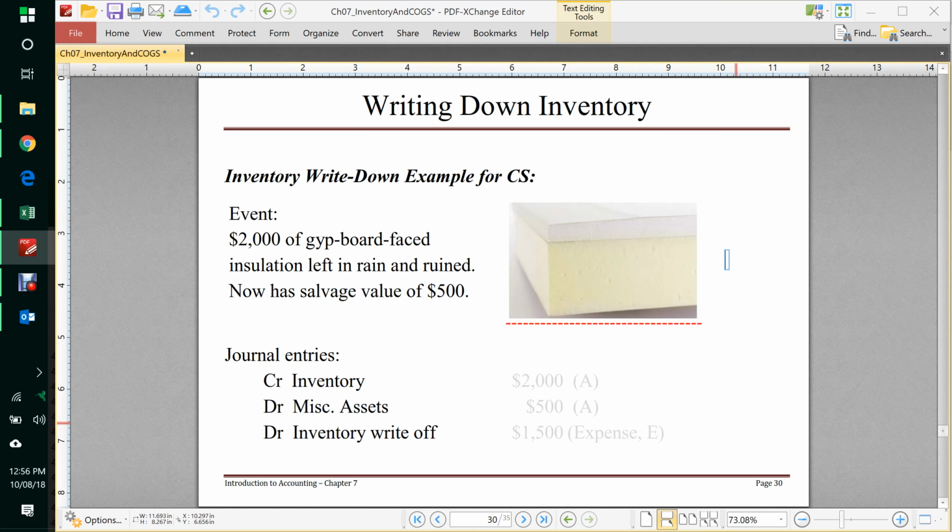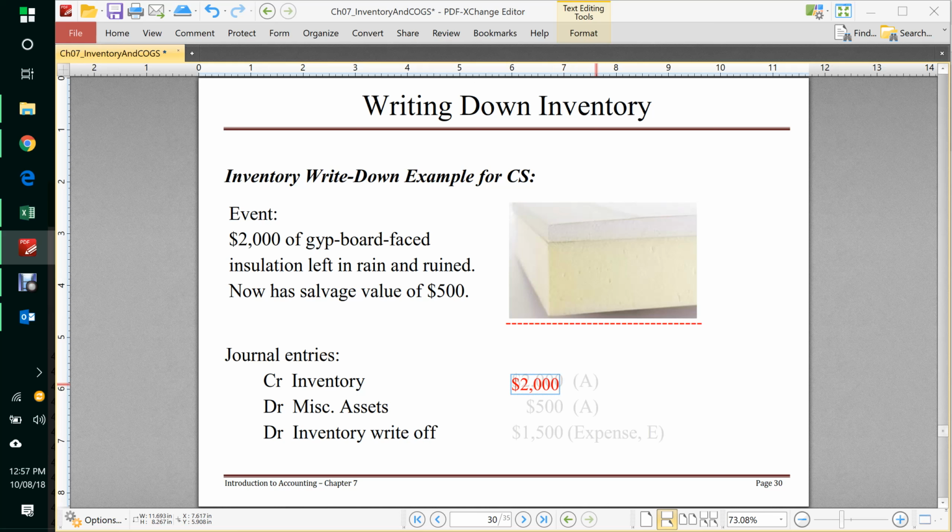So they had $2,000 of chipboard faced insulation left in the rain and ruined. It now has salvage value of $500. So let's see how we're going to account for this. Okay, so first thing, as always, you ask the question, can they use that as inventory anymore?